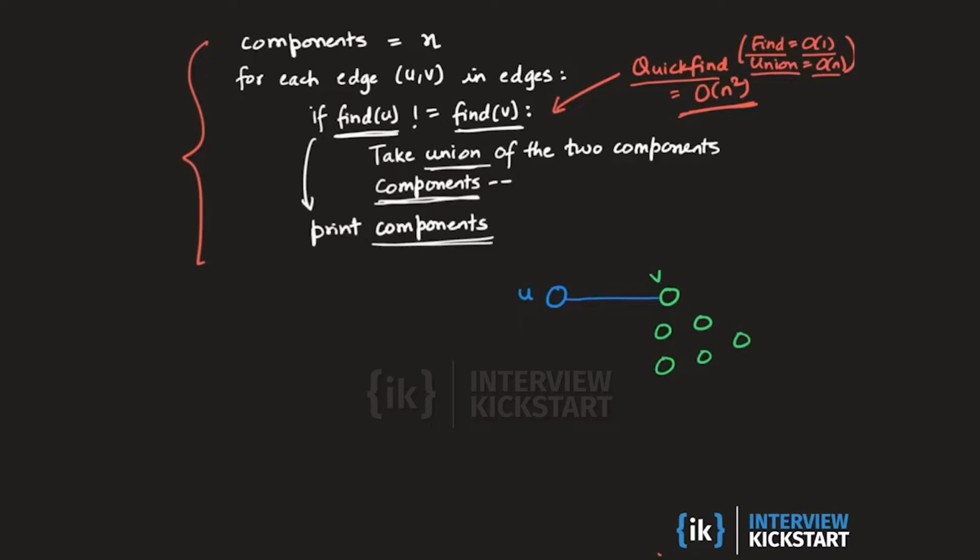So what we were doing was visualizing v changing its component ID, or its religion, to the same religion as u, and that conversion also triggers a conversion of all the other members in the connected component to which v belongs. But we also know that was an expensive operation, so we don't want to do that. In fact, let me revert back to the moment before v got converted.